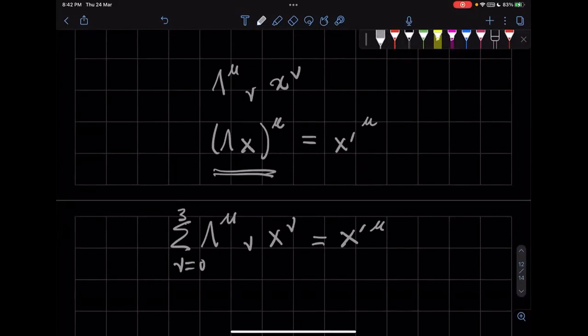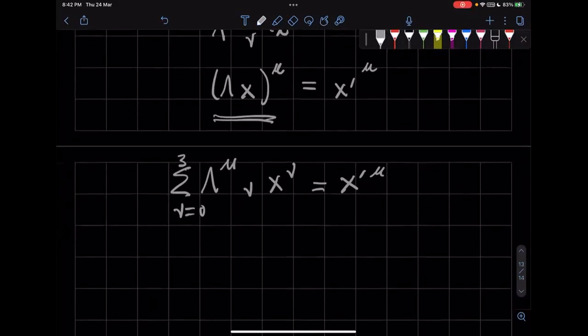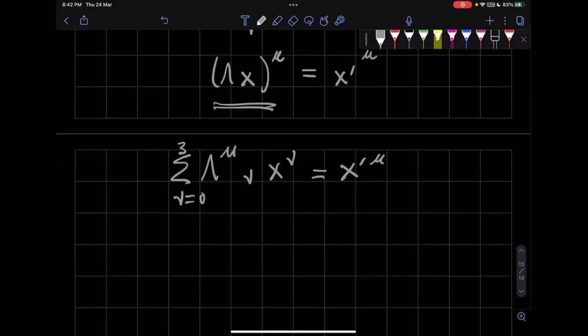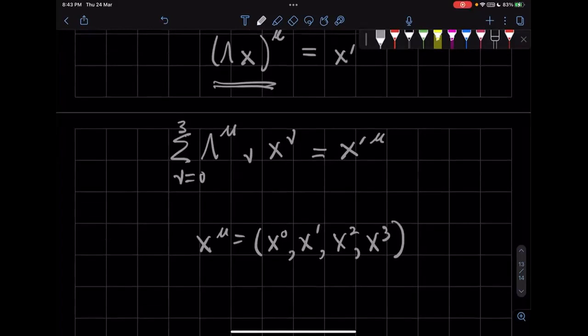The mu on top of x, does this mean there are new elements on that x? It means there are 4 elements. So when we say x mu, we mean x0, x1, x2, x3. So mu takes the value of 0, 1, 2, 3. Okay, got it.